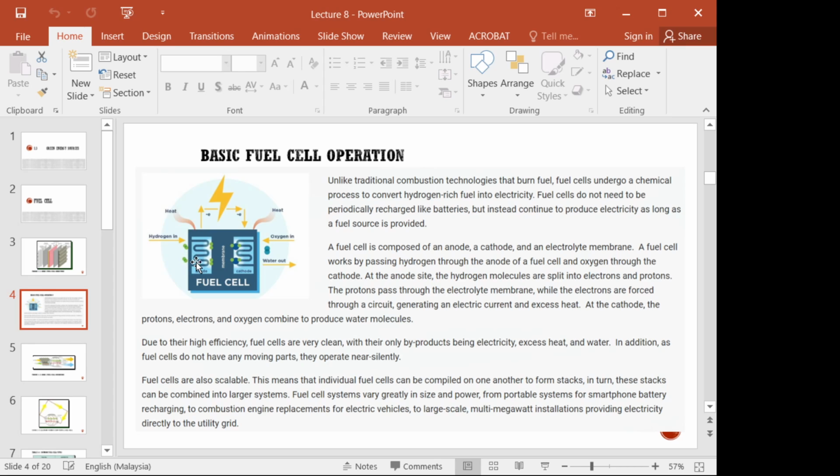And what happened to the protons at the anode? The protons H plus will pass through the membrane that you have seen before.